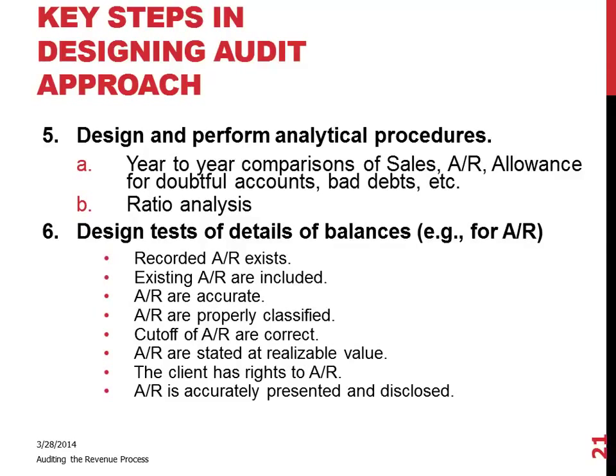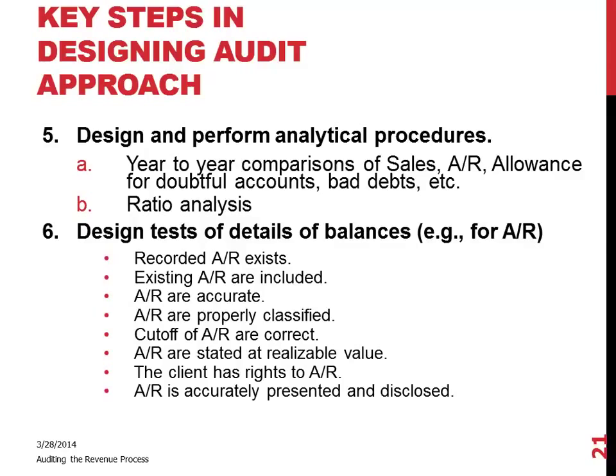So you have tested controls and you have substantive testing. And under substantive testing, you have substantive test of transactions, substantive test of detailed balances, and substantive analytical procedures. Test of controls and substantive test of transactions usually occur simultaneously, right?